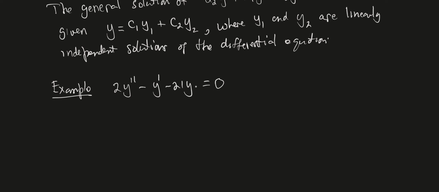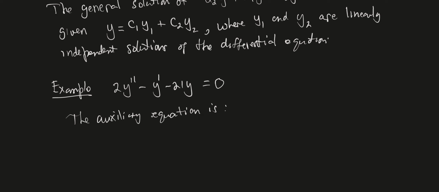So our first step is to write down the auxiliary equation. Again, it's the corresponding quadratic, and we're just using m as our variable.